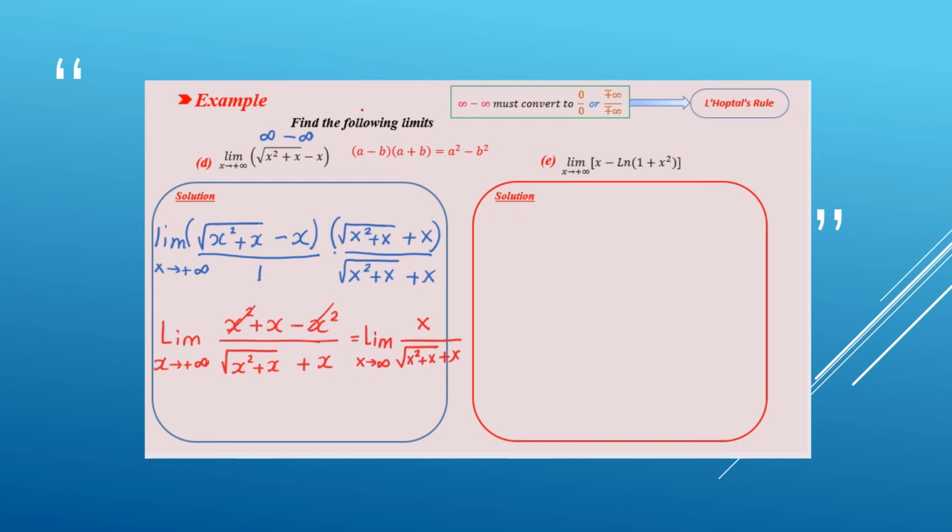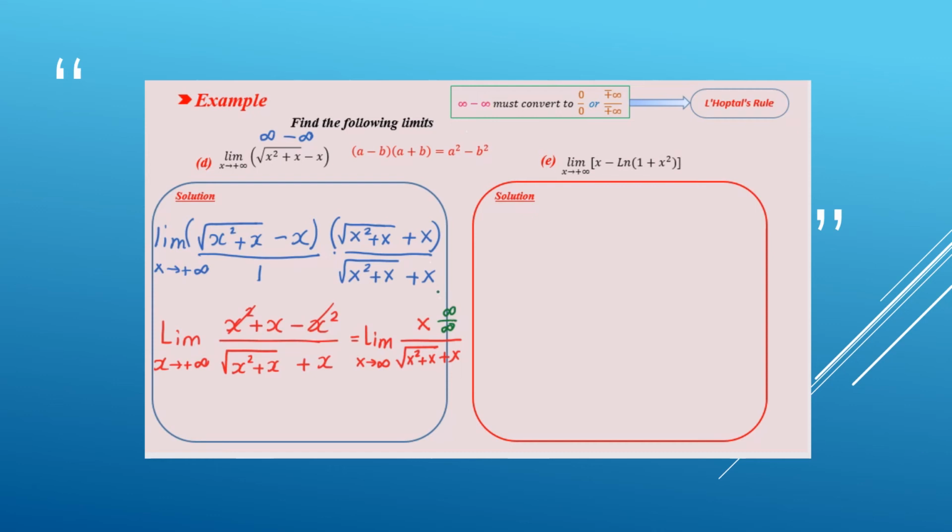Now by direct substitution, you will get infinity over infinity plus infinity, which equals infinity. Pay attention, infinity plus infinity equals infinity, but infinity minus infinity is an indeterminate form.